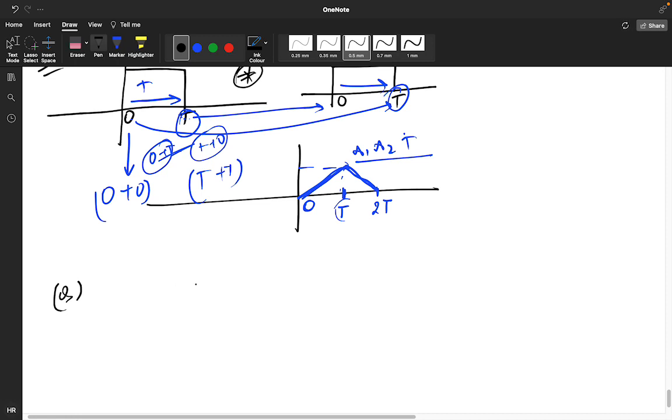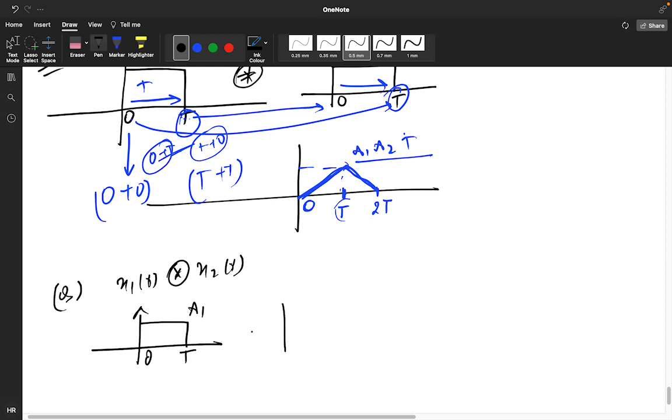See, question number 2 is, you have x1 of t and you have x2 of t. You have to do convolution, and x1 of t is given like this: 0 to t, this value is a1, this value is minus a2, this is t, this is t.